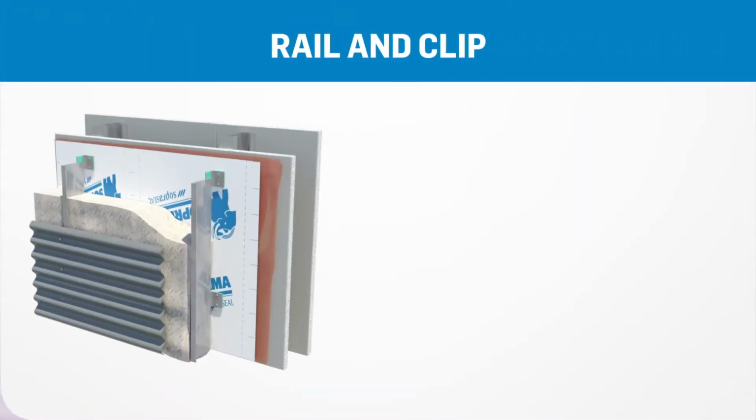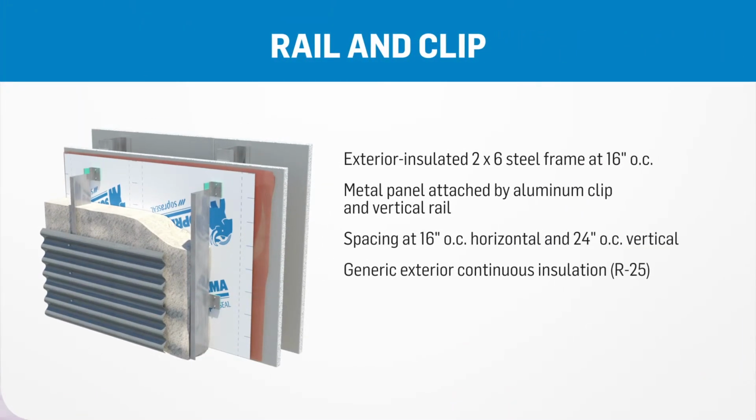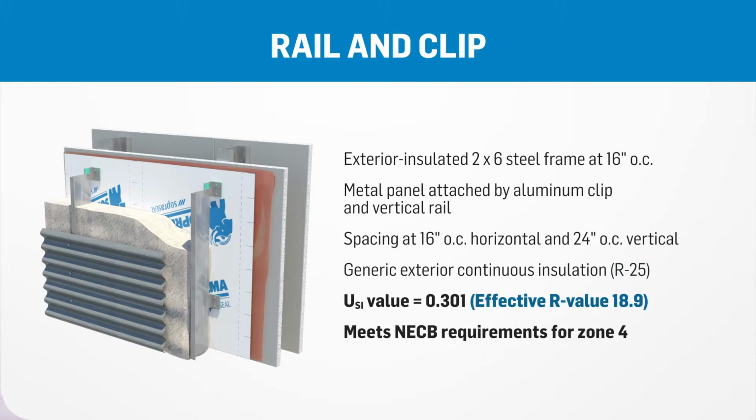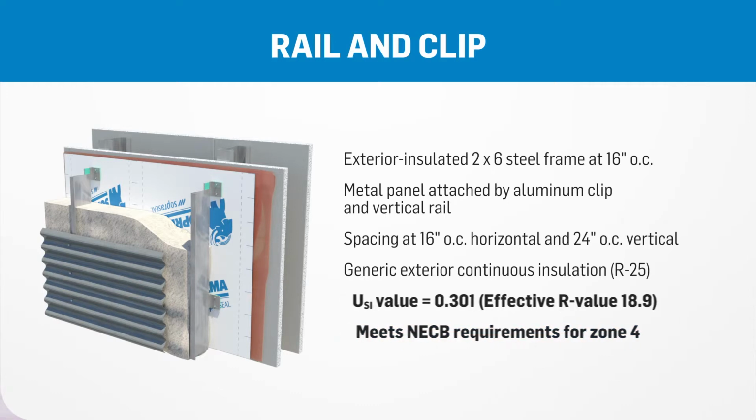For a slight improvement, we used a generic rail system with clips instead of using Z-girts. The difference between the previous assembly and this one is simply the cladding attachment method. With clips spaced 24 inches on center, still with an R25 continuous exterior insulation, the assembly reaches an effective R value of 18.9. This improvement is a step in the right direction and makes it compliant with NECB in Zone 4, the least stringent zone in Canada.